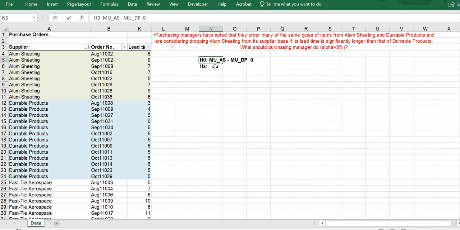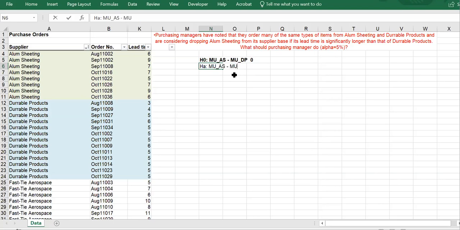Now our job is to determine the sign. We would drop the first supplier if its lead time is significantly longer. That would look like a claim to me.